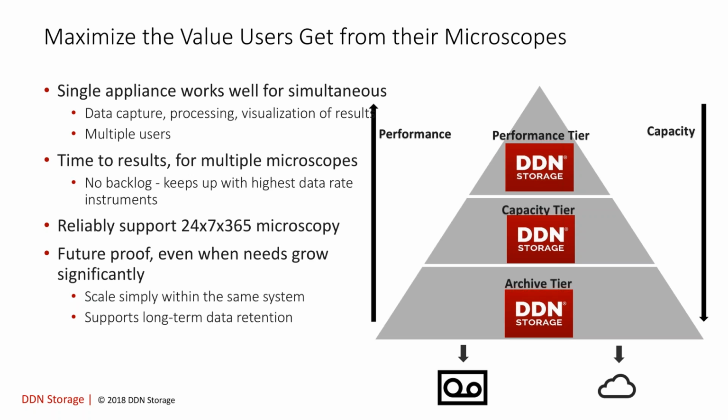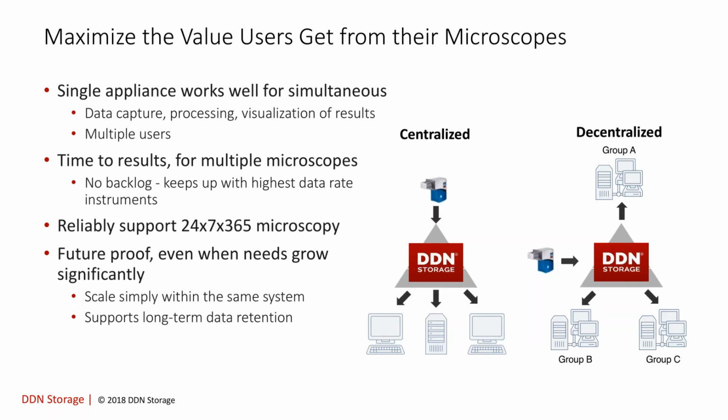Another nice feature of the system is the ability to scale any of those tiers independently. And so that lets you, as you've run the center for longer and you start to accumulate more and more old project data, expand that capacity archive appropriately, just by adding more drives essentially. And likewise, if you get into a situation where you need more performance, you're either adding more instruments or maybe you get a new sensor because a new one's released.